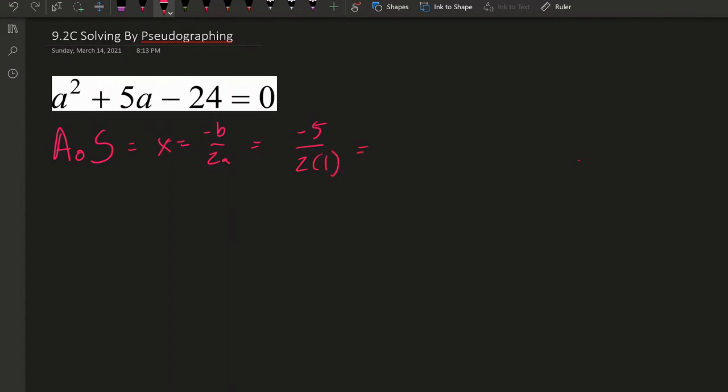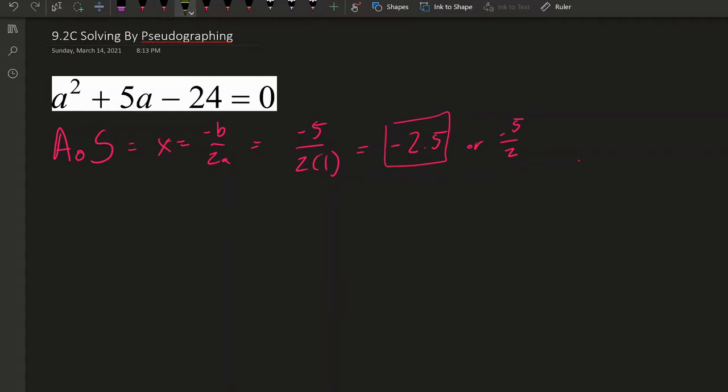Now already I see negative 5 over 2 times 1 is not a nice number. It's going to be negative 2.5 or negative 5 halves, whichever one you like more. I'm going to use negative 2.5 just because it'll plug into the calculator easier, but already I'm not dealing with a whole number, and that's inconvenient.